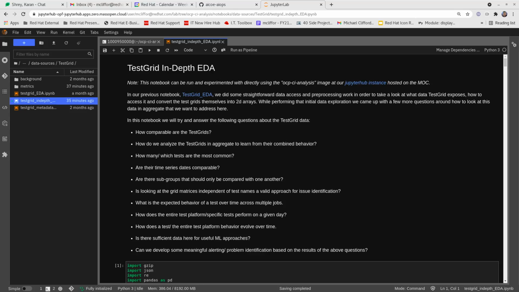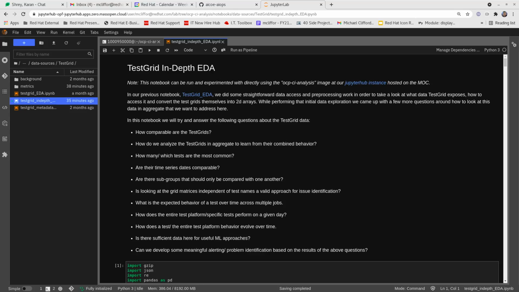We want to understand the expected behavior of tests over time and across multiple jobs. We also want to know how the entire test platform or specific tests perform on a given day, and how they evolve over time.